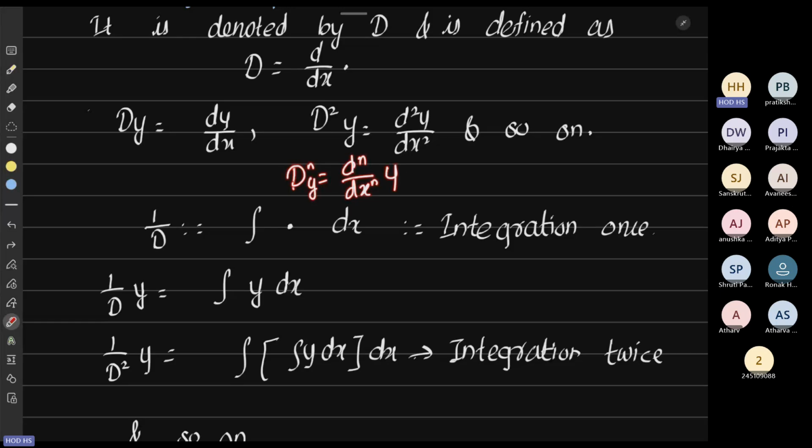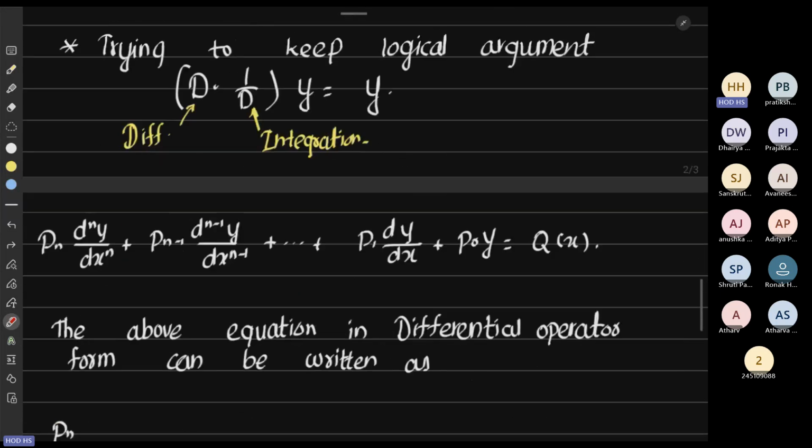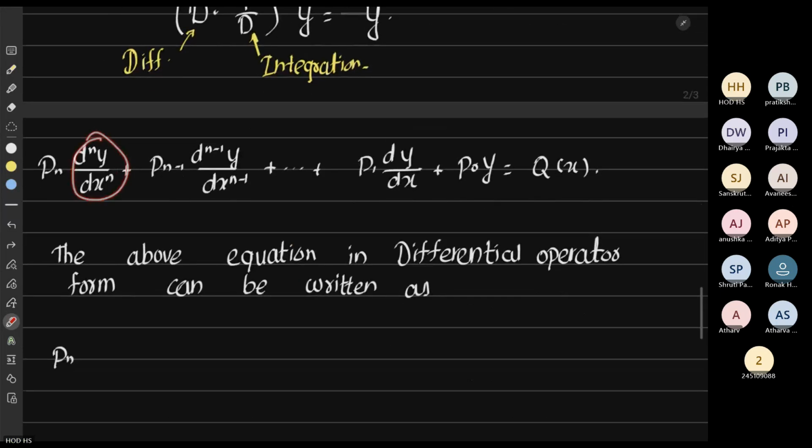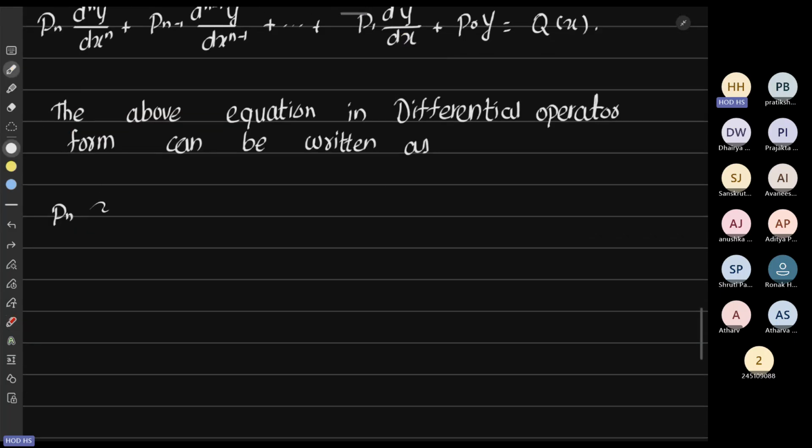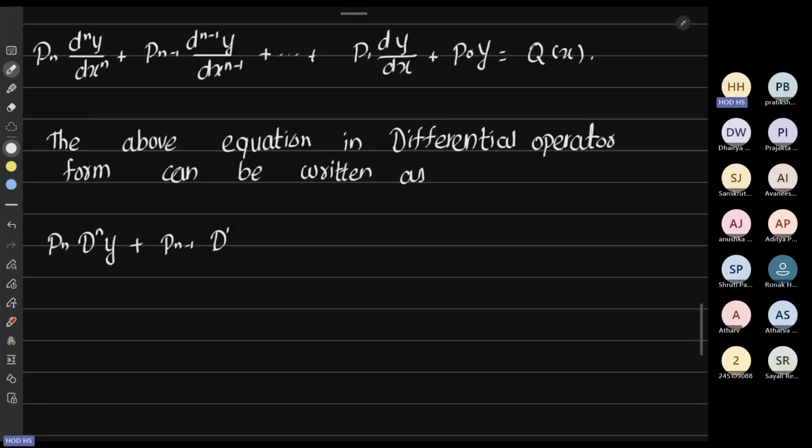So applying it on y gives us the first term. By that notation, I can rewrite this as Pn D power n y. By a similar argument, I can rewrite the next term as Pn minus 1 D power n minus 1 of y, and so on till I get P1 D of y plus P naught y is equal to Q of x. Q of x is a function of the x variable alone, so we are not harming it anyway.